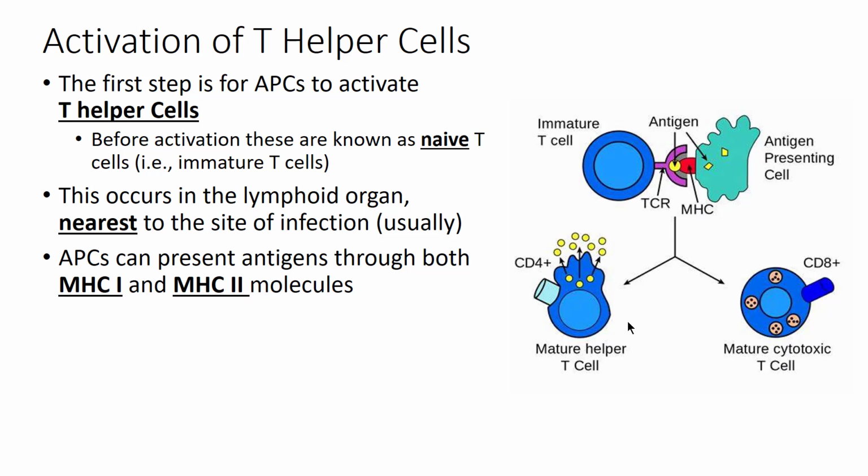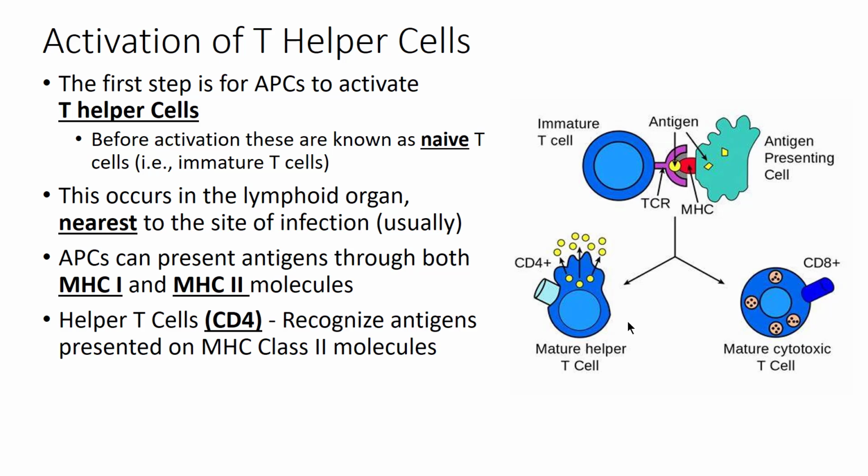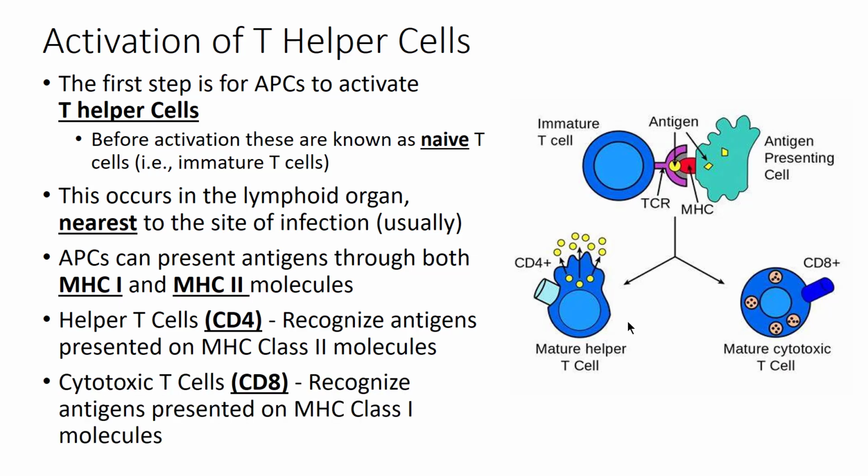Going back to the major histocompatibility complexes, antigen presenting cells can use both types 1 and type 2. Helper T cells specifically will recognize the antigens on class 2 MHC complexes, whereas cytotoxic T cells will recognize antigens presented on class 1 MHC complexes.